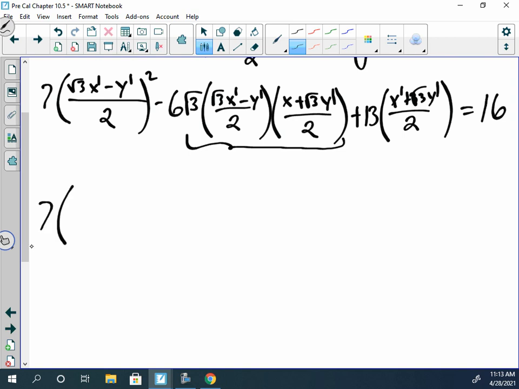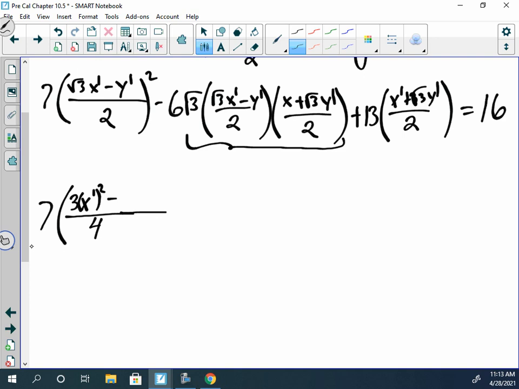Now, if we do this first one here, the denominator is going to be 4, because 2 squared is 4. Now, when we square the numerator, square root of 3 x prime squared is going to be 3 x prime squared. Then minus, times itself, we've got to do the middle cross.